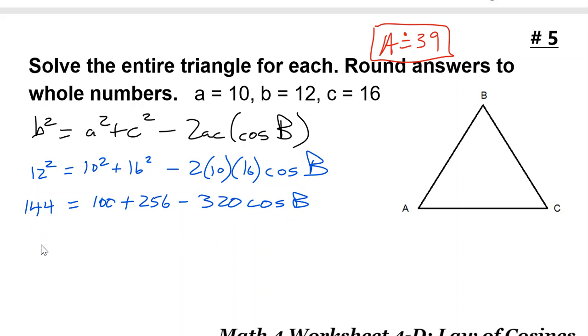And by the time I say 144 minus 100 minus 256, I get negative 212 on this end. And when I divide both sides by negative 320, I get this for a decimal.